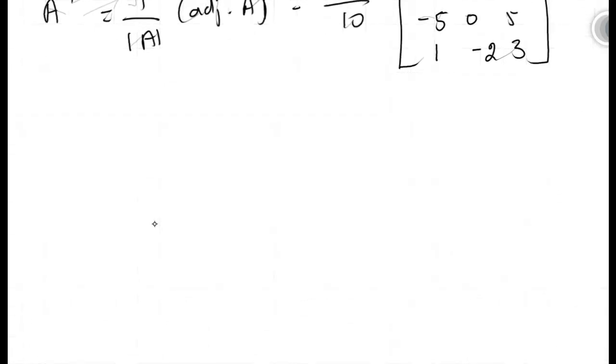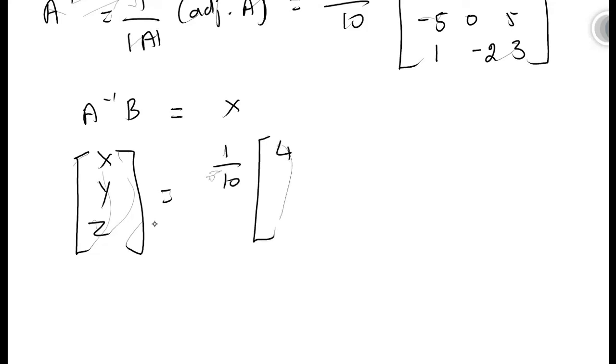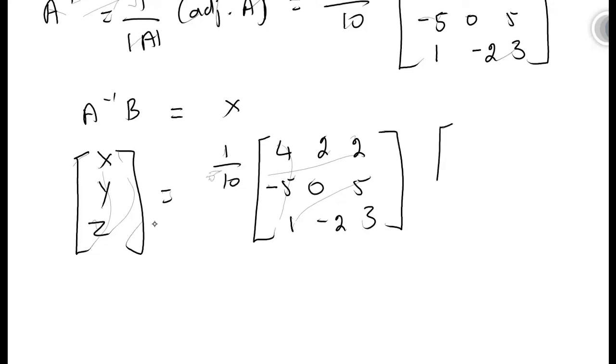Now to find the values of x, y and z, we know that A inverse times B is equal to X. So that will give you [x, y, z] is equal to 1 by 10 times [4, 2, 2; -5, 0, 5; 1, -2, 3] into [4, 0, 2]. Now let us multiply this.